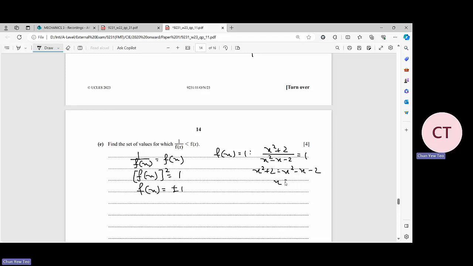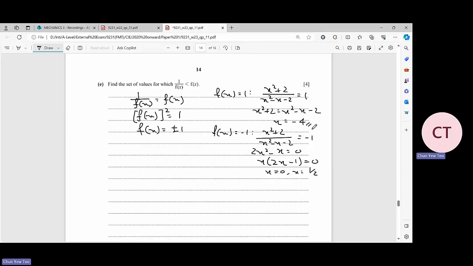Then I have x is equal to negative 4. Okay. Then when the f(x) is negative 1, I have (x² + 2)/(x² - x - 2) equal to negative 1. Then I will solve it, simplify. I have 2x² - x equal to 0. Factorize it. Then I have x equal to 0 and x equal to a half.